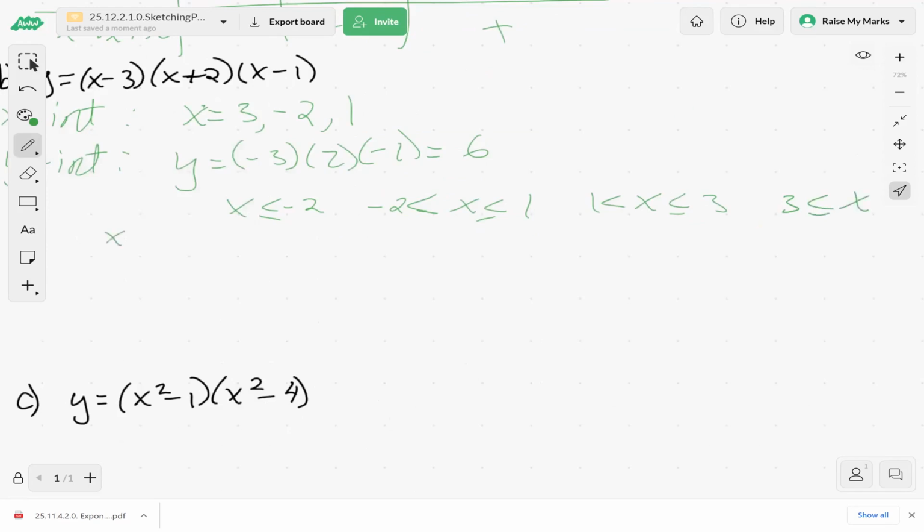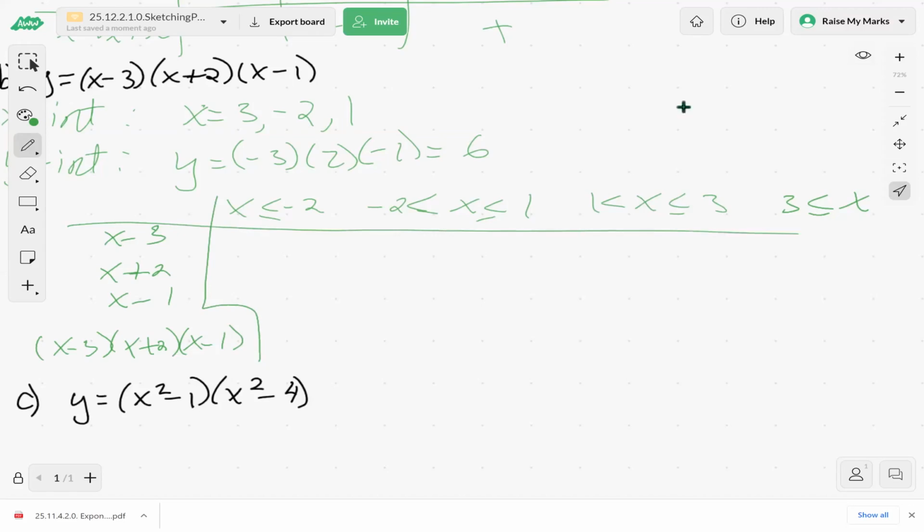Our factors are x minus 3, x plus 2, and x minus 1. Our function is a product of them all.